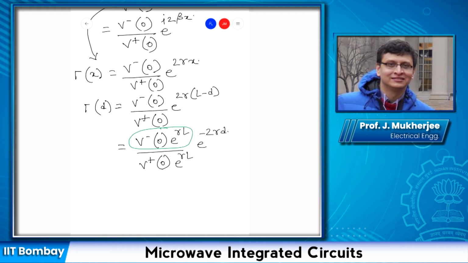Can I write this as the value of the amplitude of the wave traveling in the negative x direction at x equal to L?